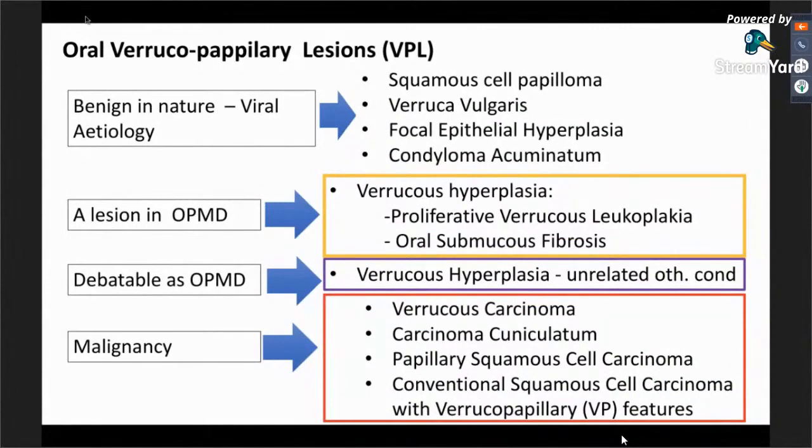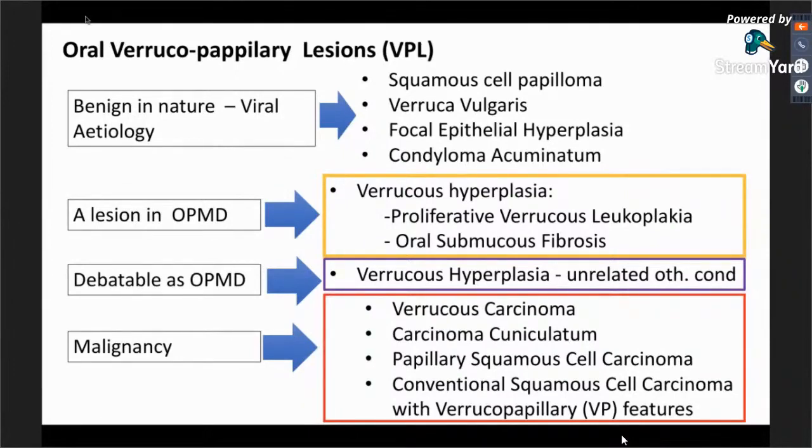And of course, for the malignancy, most of you know already, there's not much difference, except that it has been recognized before that there is conventional squamous cell carcinoma with verrucopapillary features, but it's not been given a lot of thought.